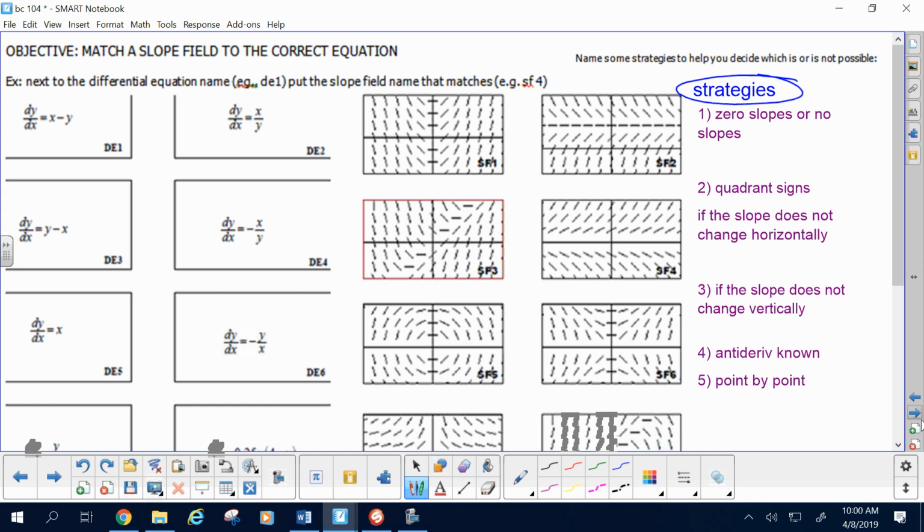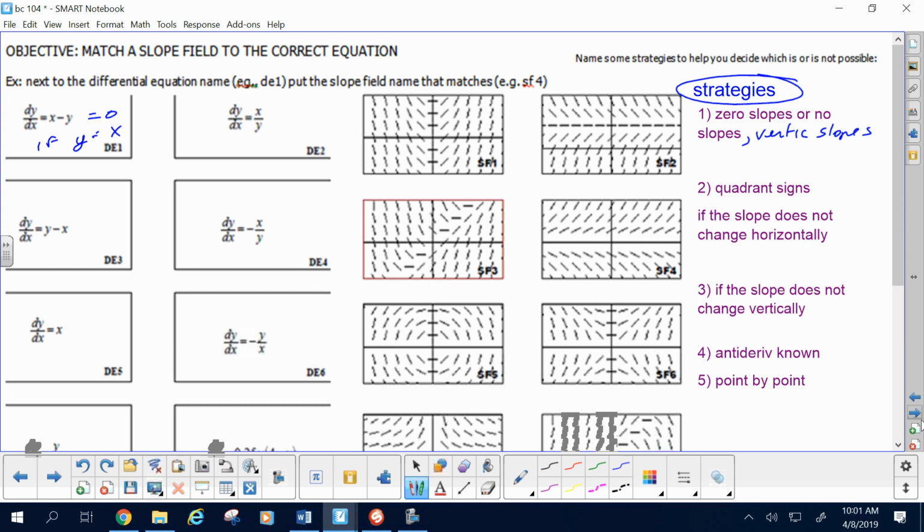First, find where there are zero slopes, no slopes, vertical slopes kind of thing. Let me explain how I could use that. So, for example, in differential equation 1, that's what DE1 stands for, this would equal 0 anywhere y equals x.